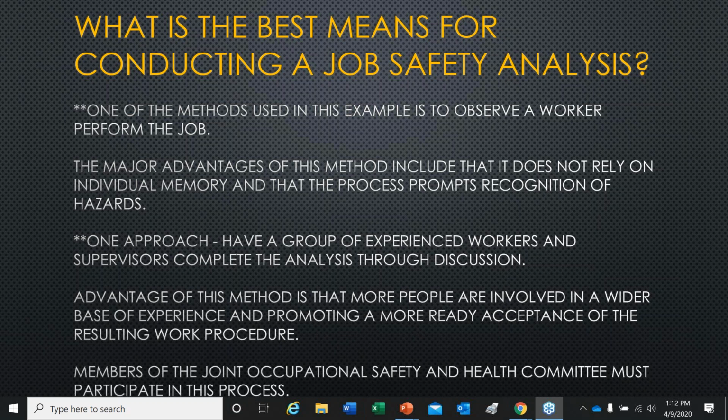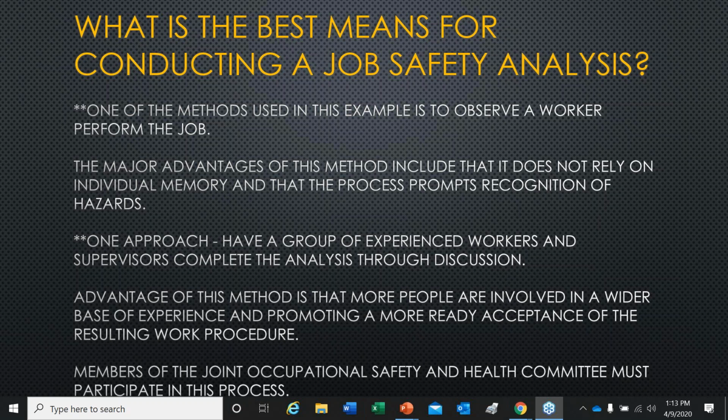The best one of them, and it's my key approach, is to have a group of experienced workers and supervisors complete the analysis through a discussion. We're going to use changing a tire as an example in the following slides. But the advantage, as I note here, is the more people that are involved, the better base of experience you have and the better information that you will gather. So that's a key factor with it.